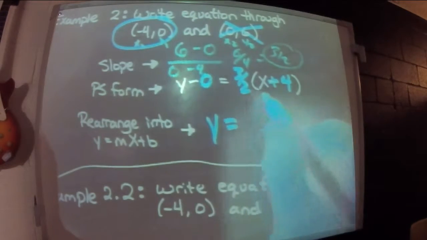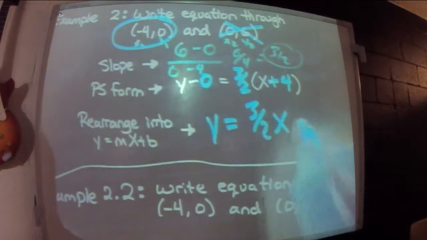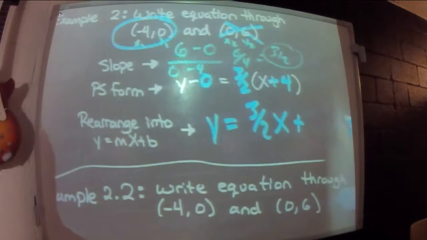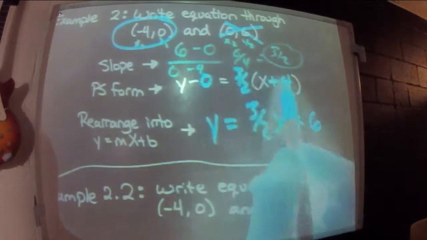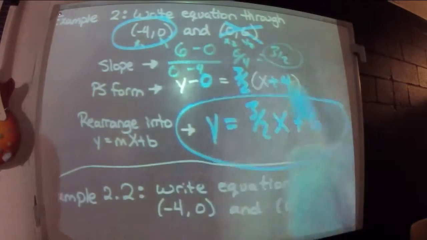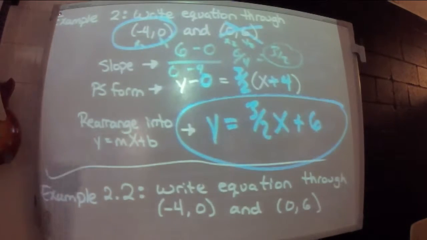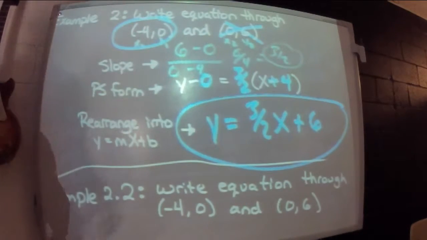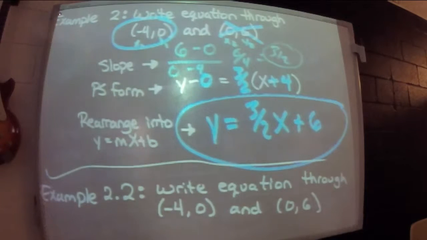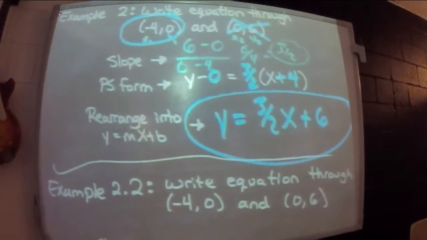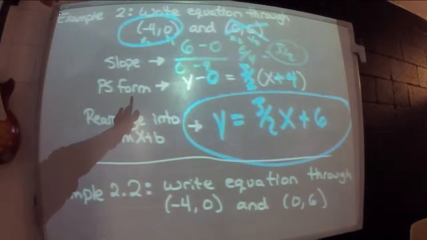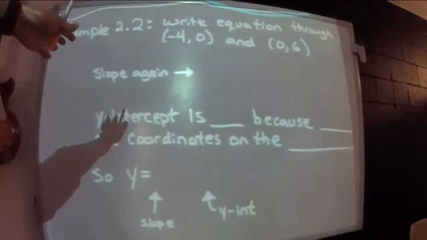Y equals 3 halves x plus what? 6. If you multiplied 3 halves times 4, it would be 12 halves, which is 6. That's an mx plus b. It's nice when it's 0. That's y equals 3 halves x plus 6. Now, we did y minus y1 equals m times x minus x1.